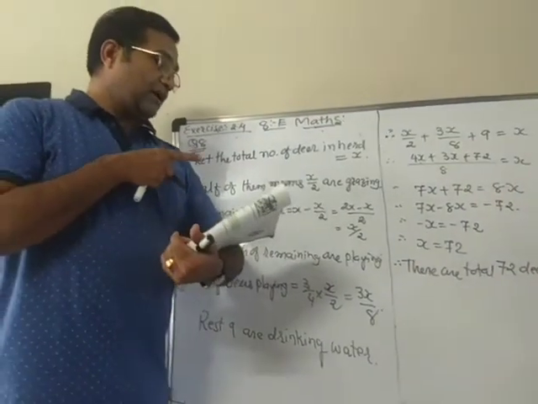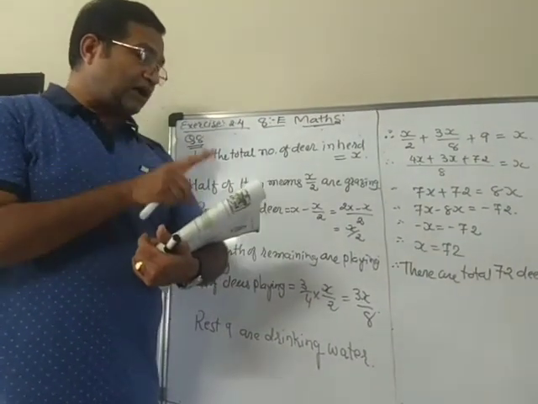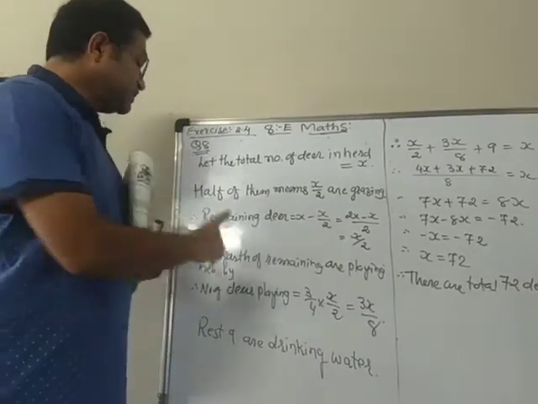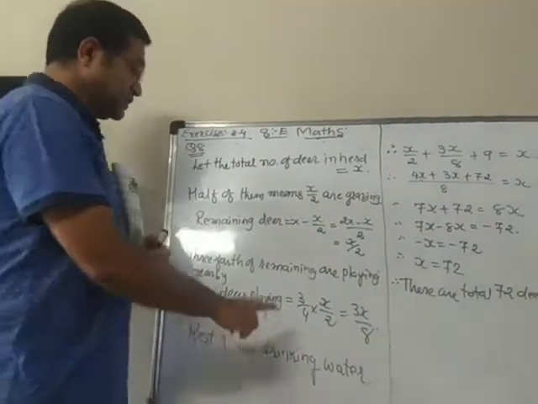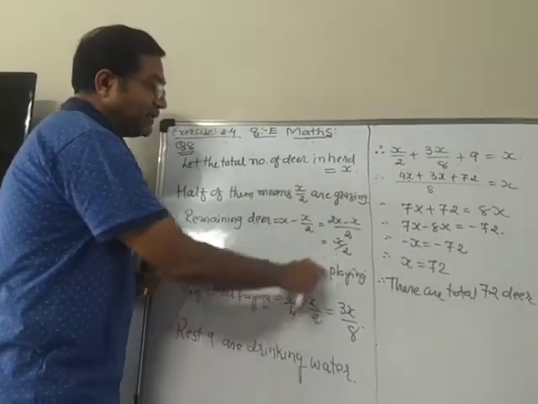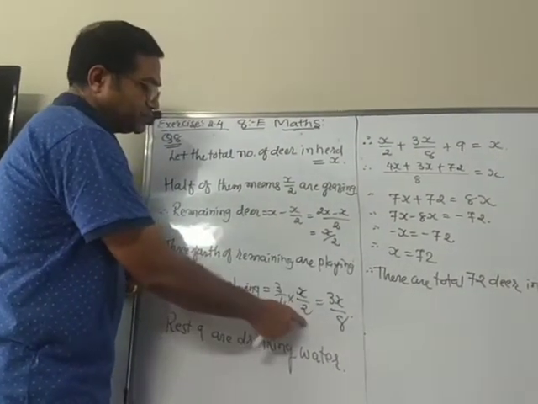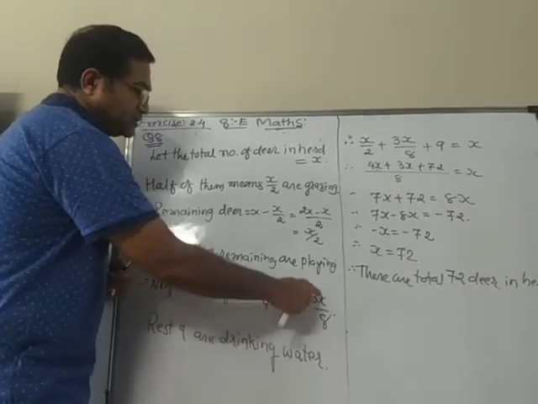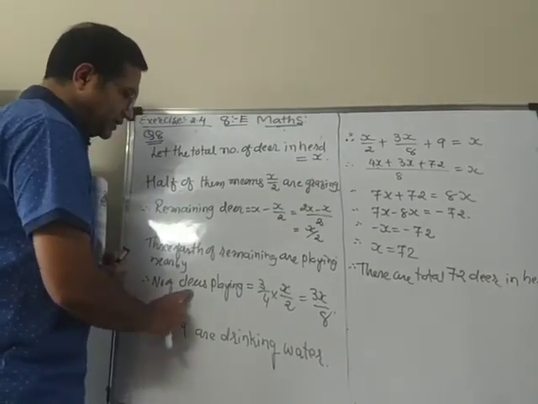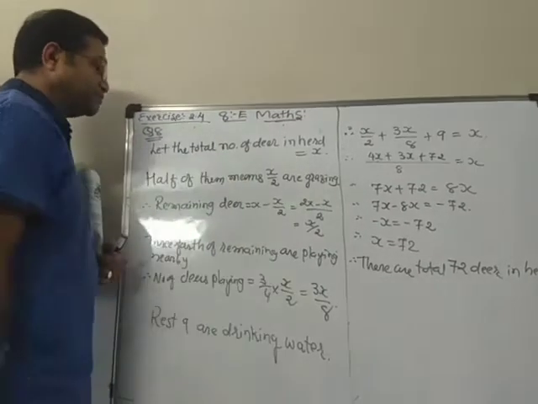Now from the remaining, three-fourths of the remaining are playing nearby. Means 3 by 4 multiplied by the remaining, which is x by 2. That means 3x upon 8 are deer which are playing.